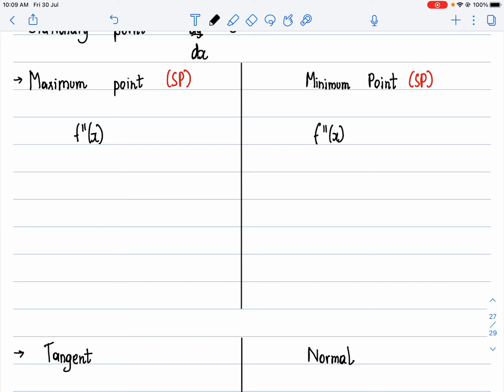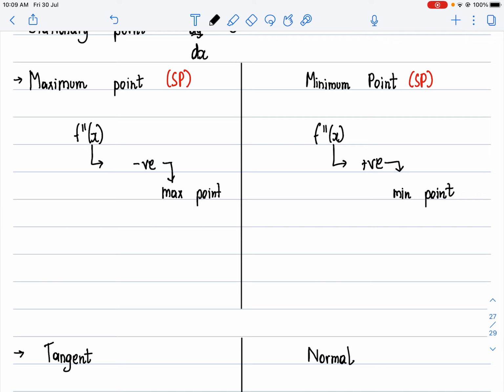This is what you need to calculate. If the double derivative is negative, that means it's a maximum point. Correct? And if the double derivative here is positive, then it's a minimum point. This is what you need to know.